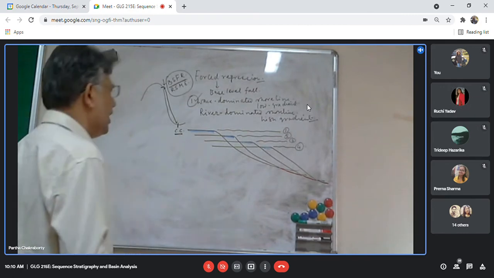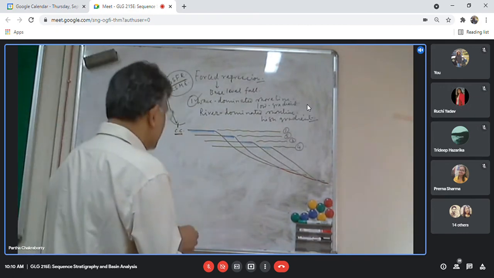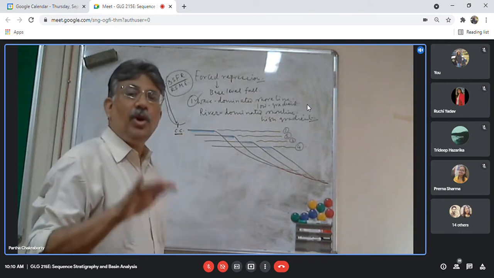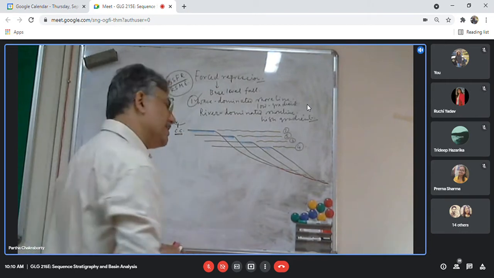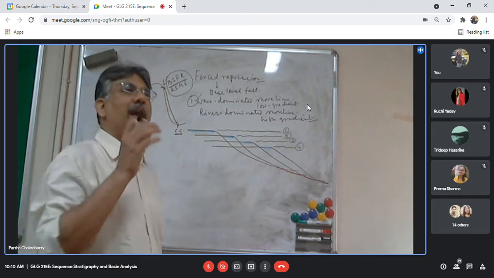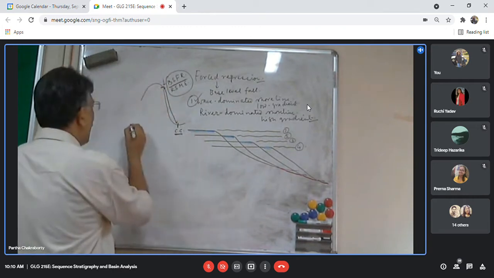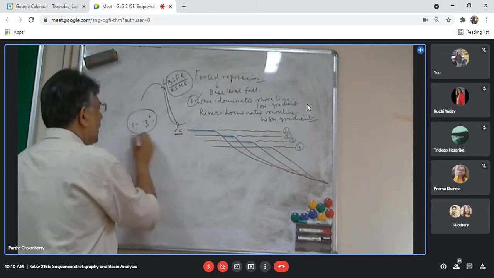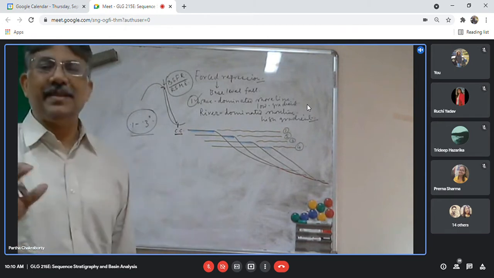Okay. So this is what I am discussing about the wave dominated shoreline, which is a low gradient shoreline. As I discussed in the case of normal regression also, we get 0.1 to 0.3 degrees. That is the general gradient of the shore face.